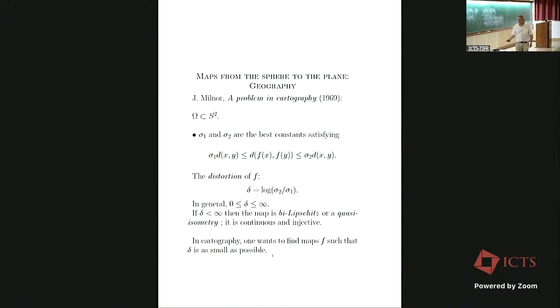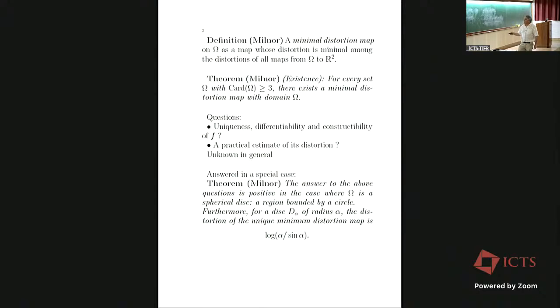In geography, one wants to find maps F such that delta is as small as possible. Milnor proves that for every set omega whose cardinality is greater than 3, there exists a minimal distortion map.